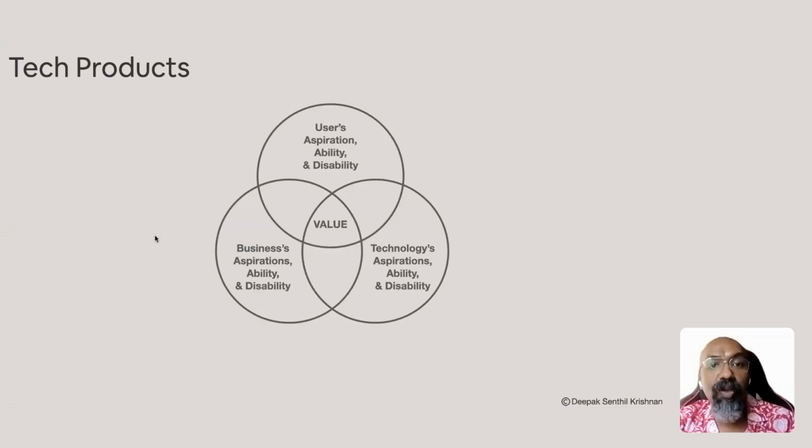So when we talk about value delivery in building tech products, our goal as product organizations, and I mean not just product managers, but the design team, the engineering team, and the entire unit of product coming together, is largely to understand users' aspirations and abilities and disabilities, businesses' aspirations, abilities, and disabilities, technology's aspirations and disabilities, to identify what is valuable, which can deliver value to the user, and therefore, in the case of commercial products, also capture value back.